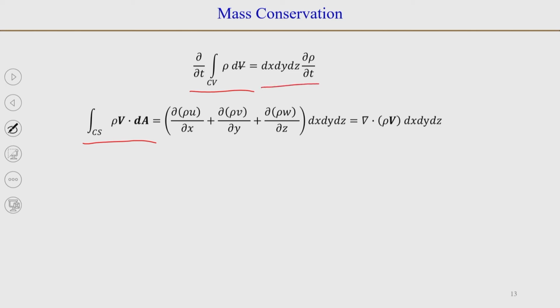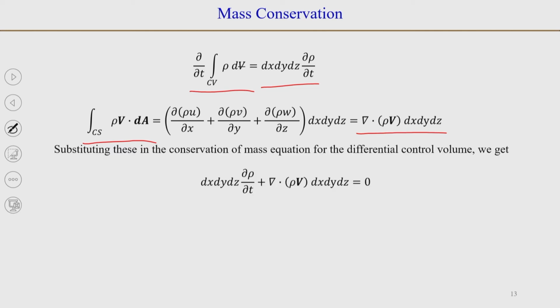The first term is dx dy dz ∂ρ/∂t, and the next term is del dot ρ v into dx dy dz. So, let us sum those together, and you will get the mass conservation equation, and you have dx dy dz.